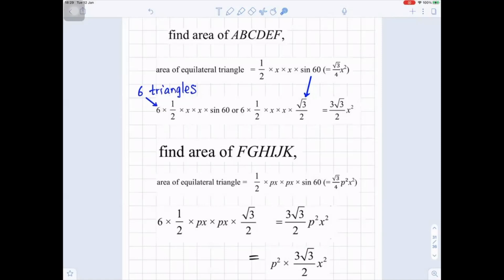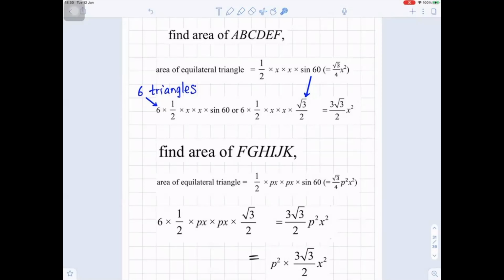So now we want to find the area of the enlarged shape, FGHIJK. The area of the equilateral triangle is half times, because we've enlarged it, we can call the enlargement factor P. So the length is not X anymore. The length is PX because P is the scale factor. So the length is now PX times PX times sine 60 degrees, since the angle is still 60 degrees.